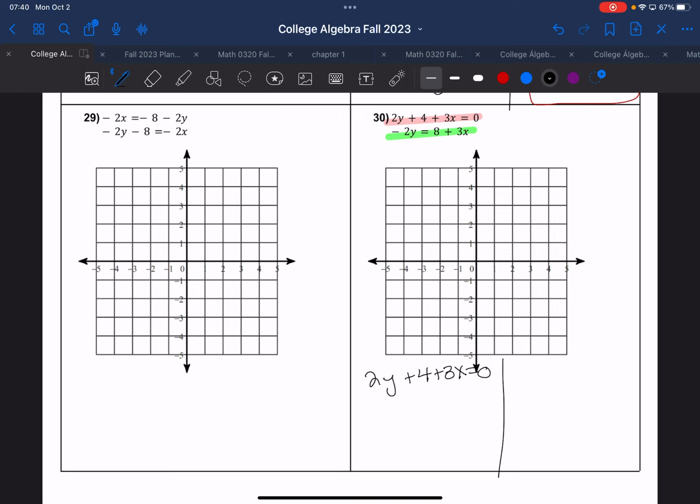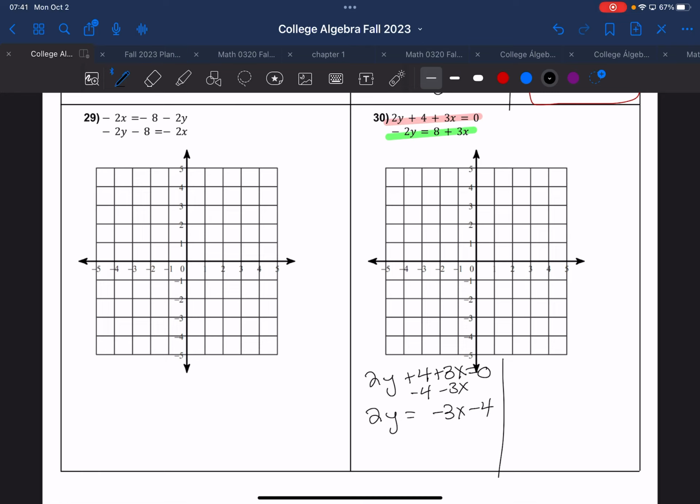What would I do to this one? I could subtract 2y over to the other side, or I could subtract 4 and subtract 3x to the other side. I'm going to just subtract 4 and subtract 3x to the other side, so my y stays on the correct side. 2y is equal to -3x minus 4.